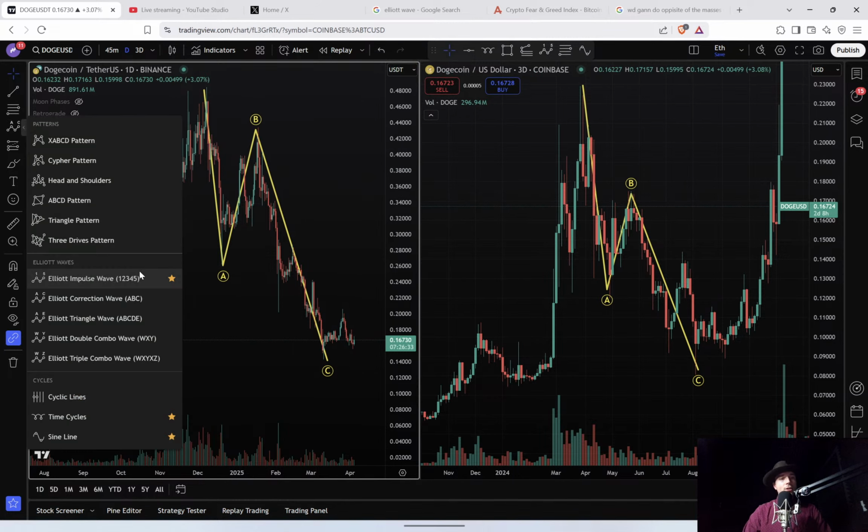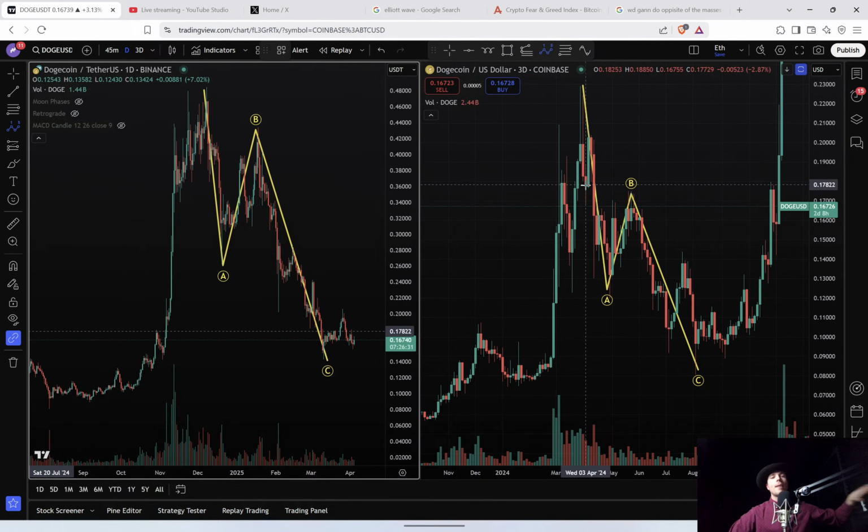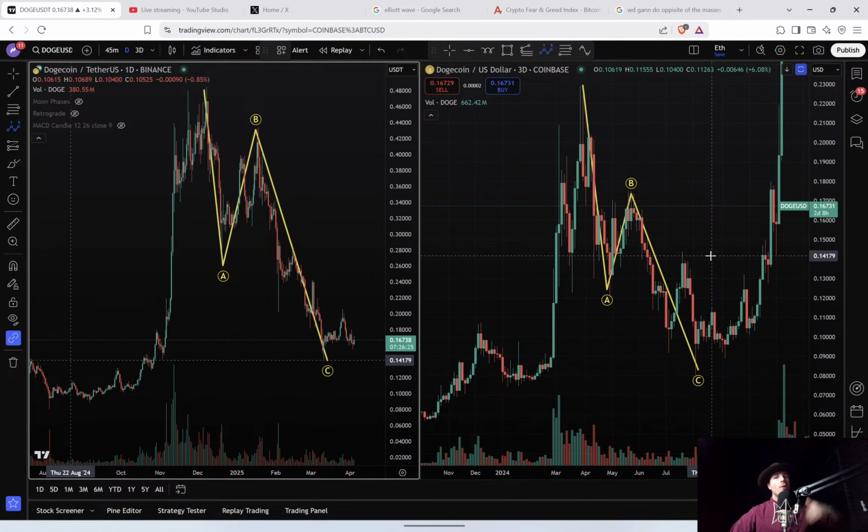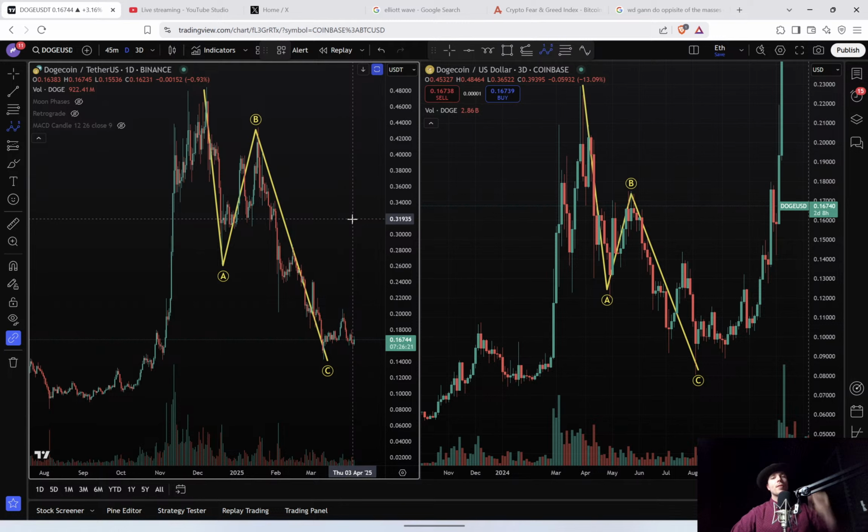And if you look at these two charts, what happened last summer when Dogecoin went from 23 cents down to 8 cents and then broke out to a new local high is the exact same thing that's happening on Dogecoin right now.